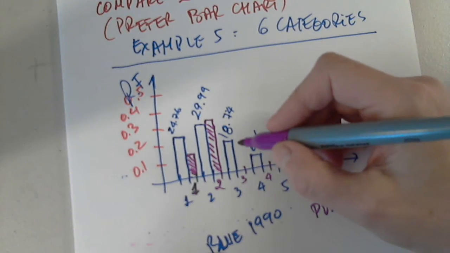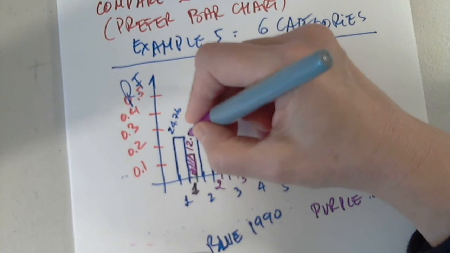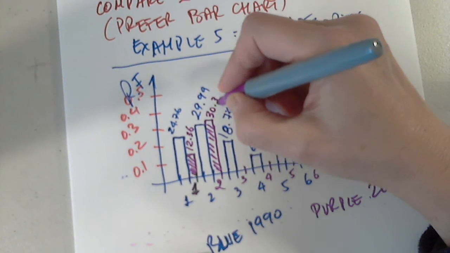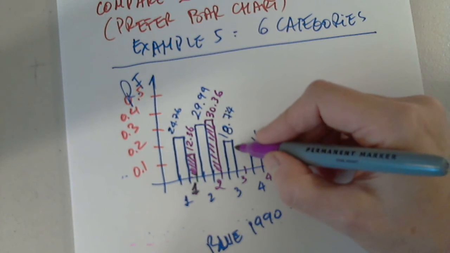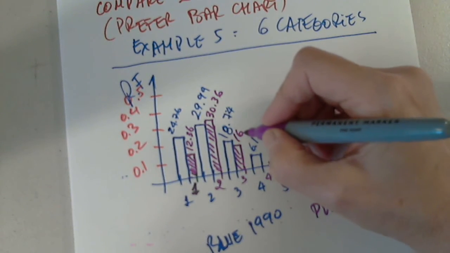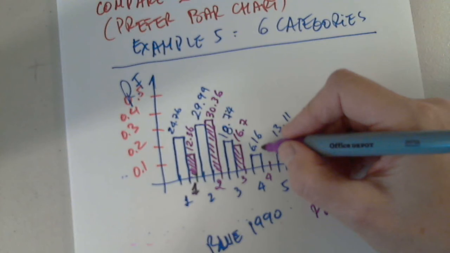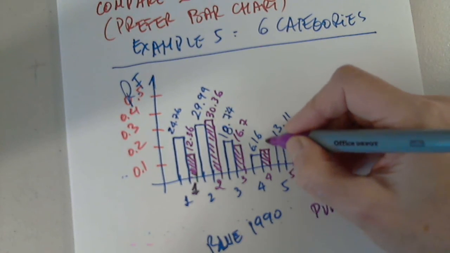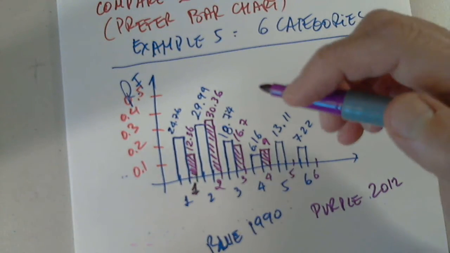The next one is 16%, and maybe I should write 12.36. This is 30.36. The next one is 16.7. The next one is 9%, 9.65.